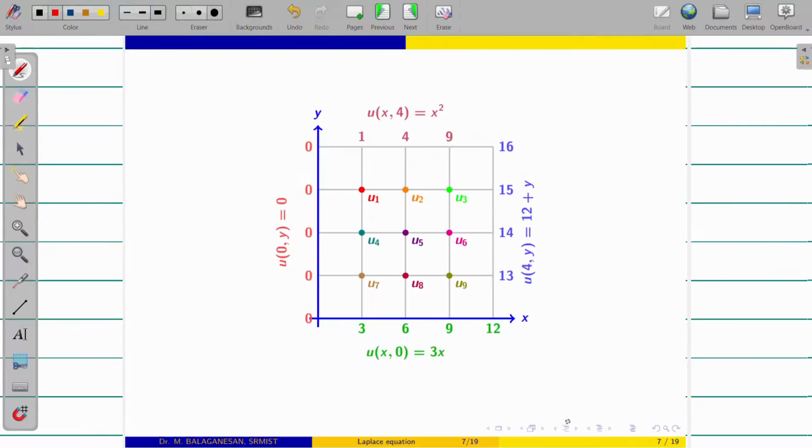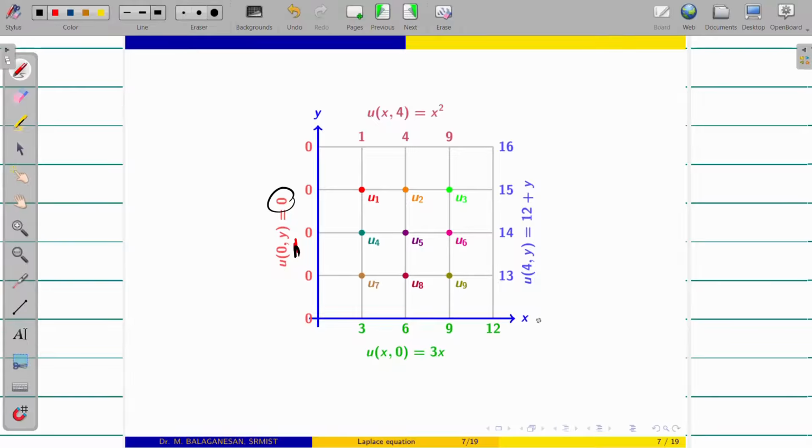Just listen. What is the first boundary condition? This is the x line, y line. U of 0 comma y equal to 0. At x equal to 0, the u value is 0. Which is the x equal to 0 line?